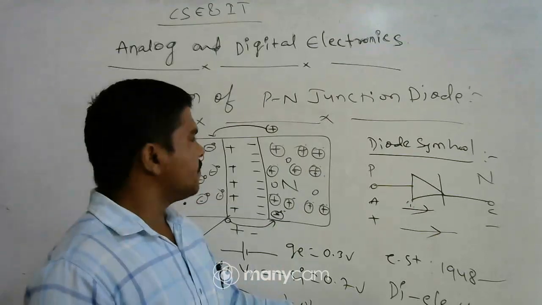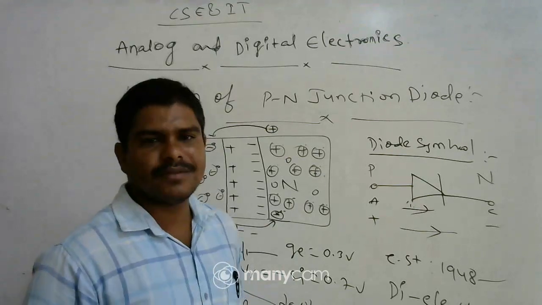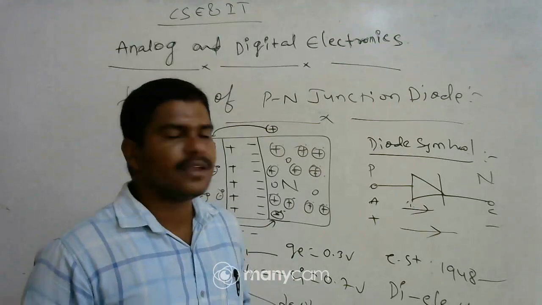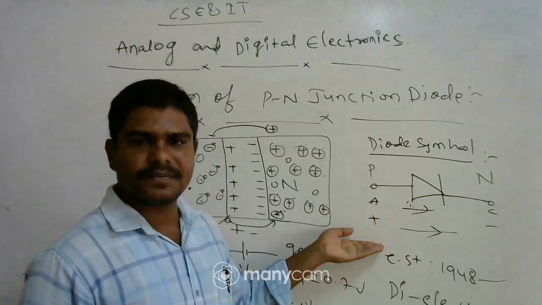Electronics means the study of the movement of electrons in electronic devices. The diode is the basic device.